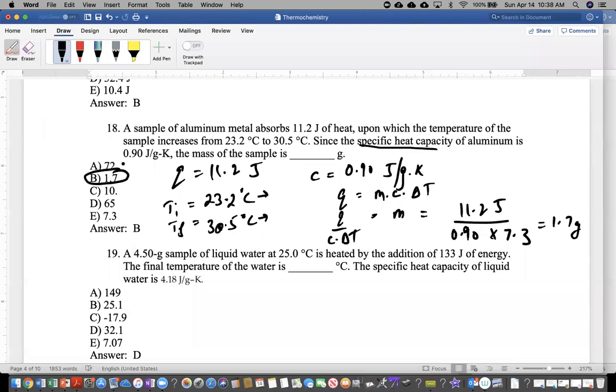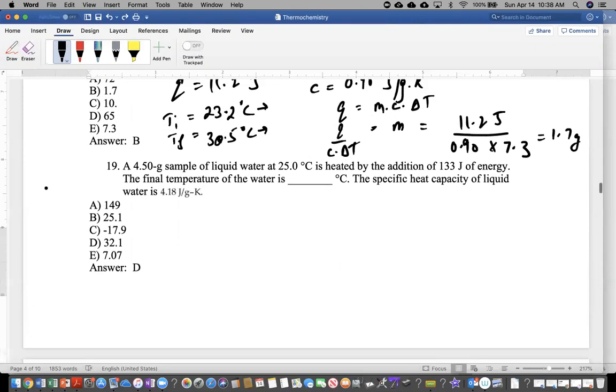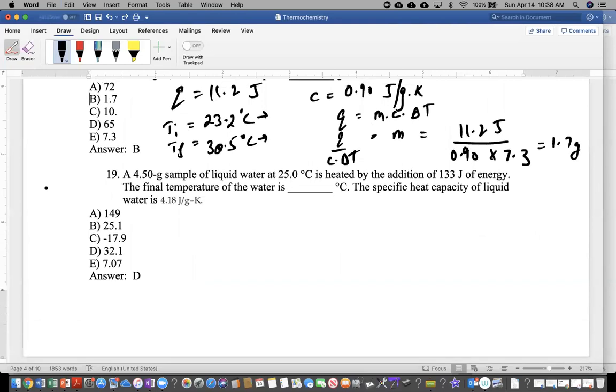Is it the same thing with number 19 as well? Because we're trying to find the final temperature this time, but we have grams. You're basically given all the things, but one thing is missing.